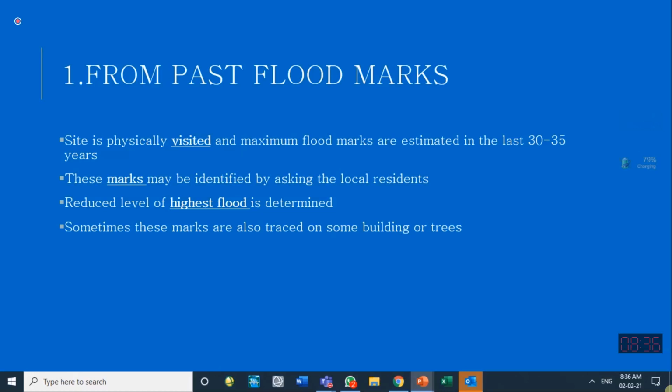If we know the flow area and the slope, we can estimate the velocity using a suitable Manning's roughness coefficient: V is equal to 1 over n, R to the power 2 by 3, S under root. S and flow area we will get from the site itself, from the river we are interested in. We will carry out a land survey and find the slope of the bed of the channel.